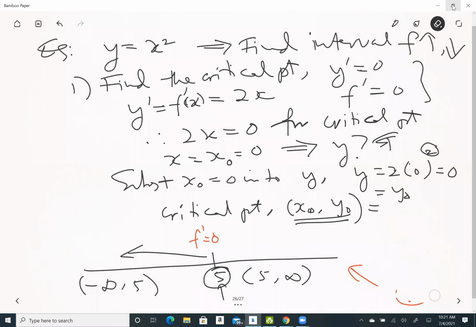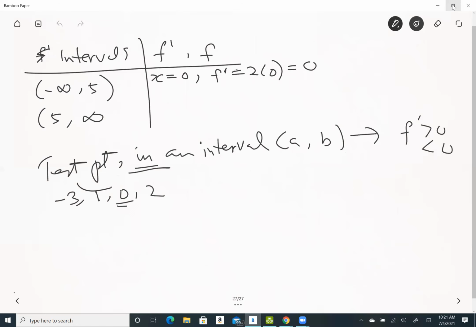So x0, y0 is 0, 0. So forget about the other example. The intervals would be what? From negative infinity to 0, and then 0 to positive infinity.